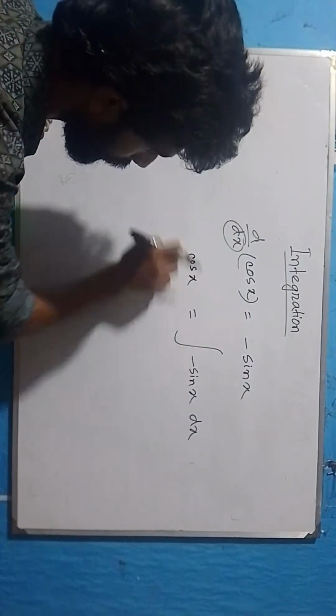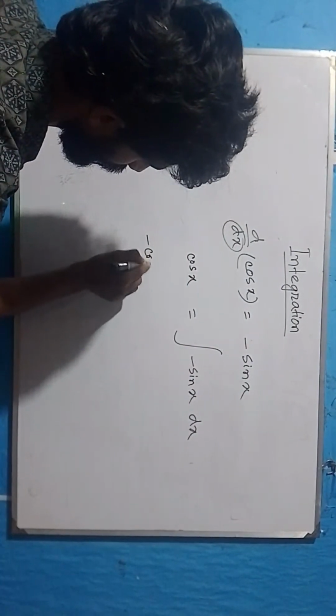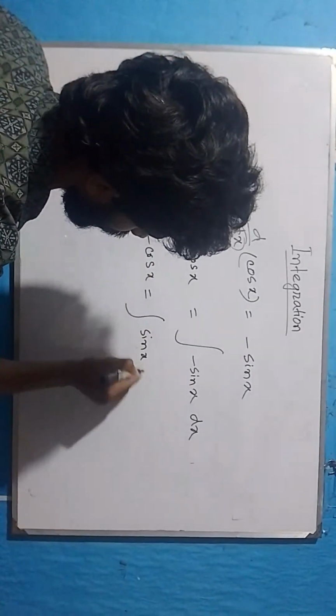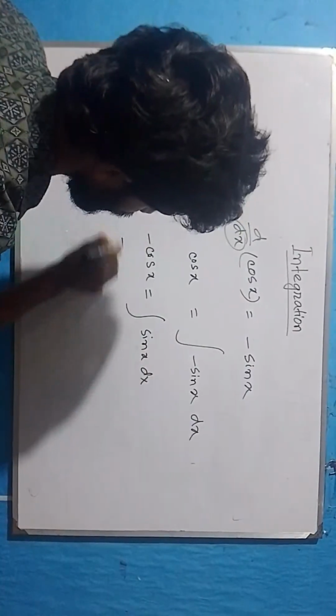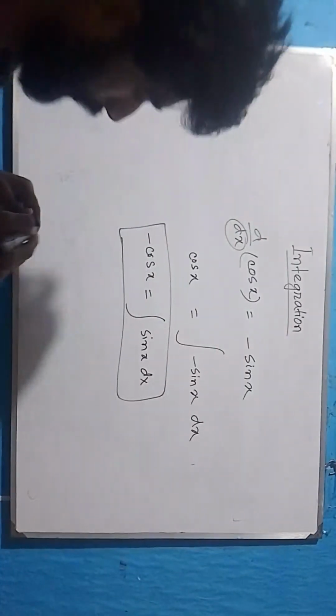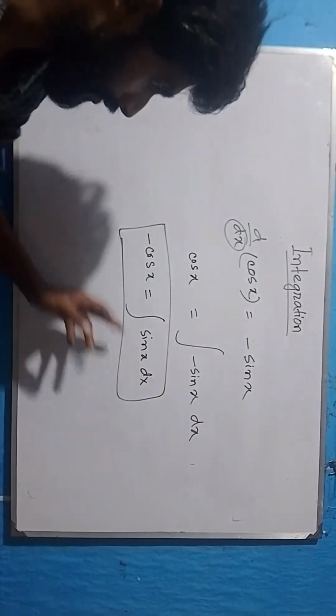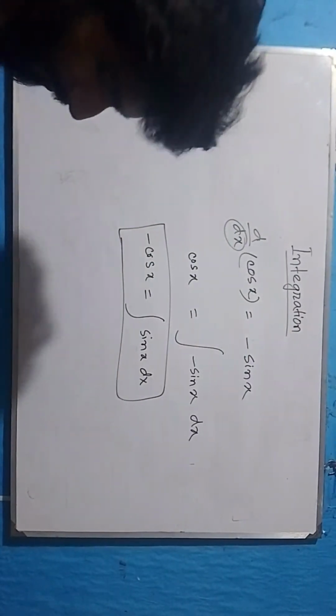So this minus comes here, so minus cos x is the integration of sin x dx. So this is the formula for the integration of sin x with respect to x, which is minus cos x.